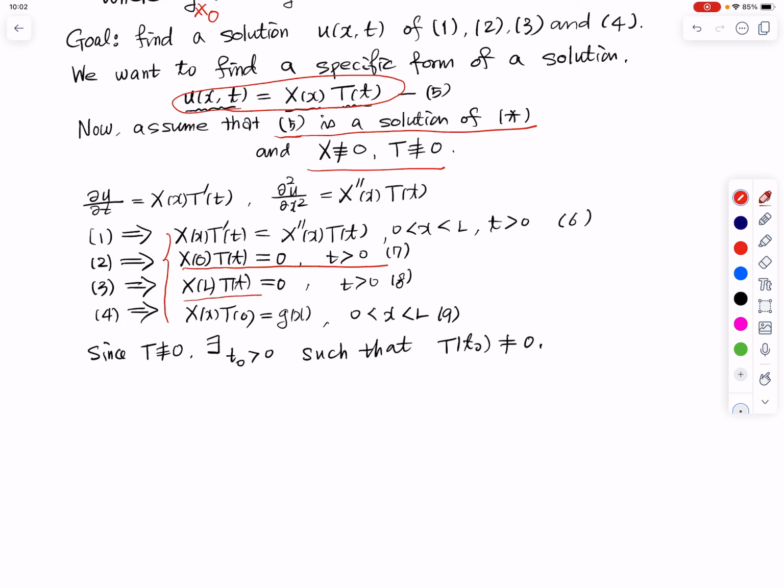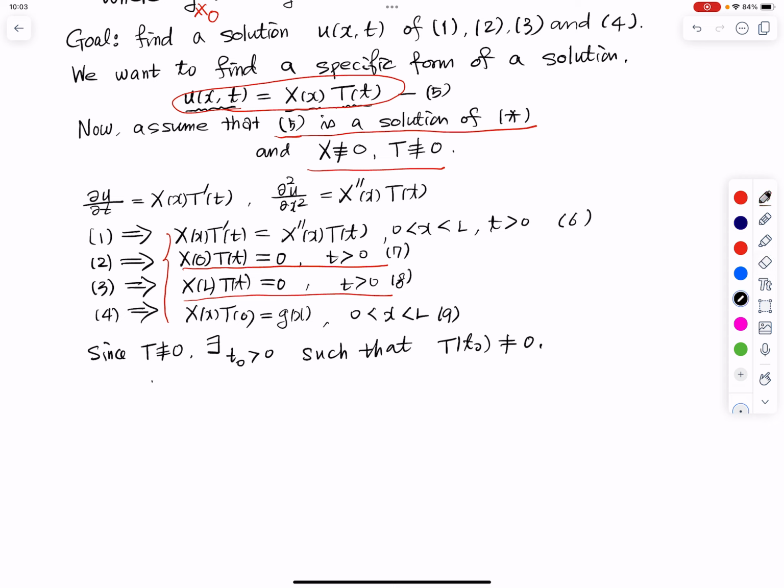This is true for all t, so you plug the t0 value in here. That implies X, using this one, we have X.